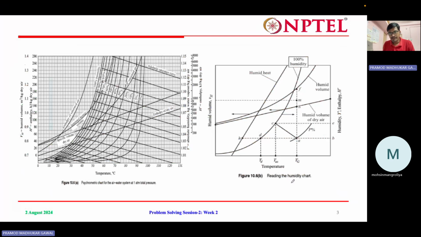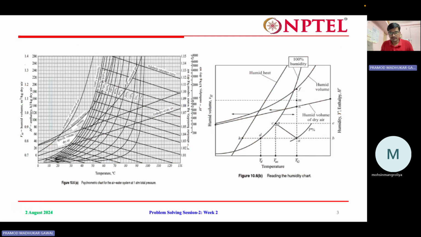Here is a figure showing how to read the humidity chart. Here is temperature versus humidity, and TG means dry bulb temperature. At this TG, we have to go through the state. Then you have to draw a line parallel to the adiabatic saturation curves, like this one, to reach 100% saturation.